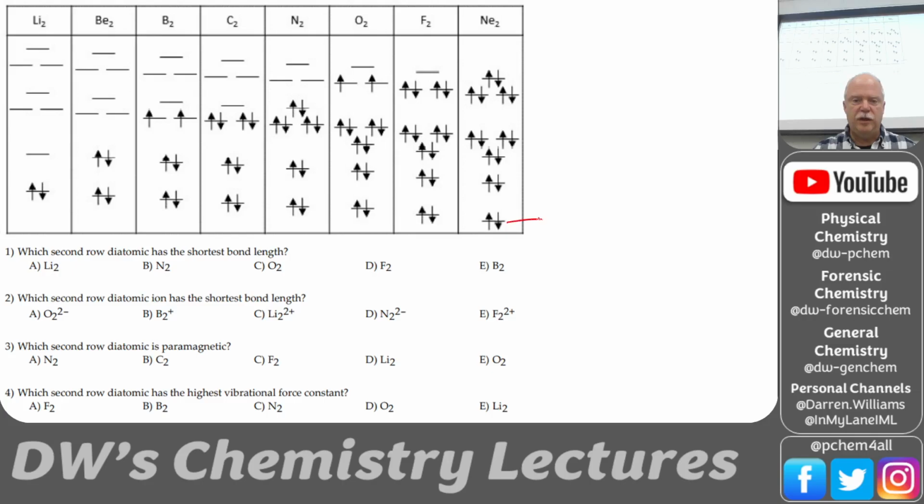So let's just label this one, we'll label all of these. If you have your notes, you can do what we just did. And so then we'll just remember the bond order is n minus n star.